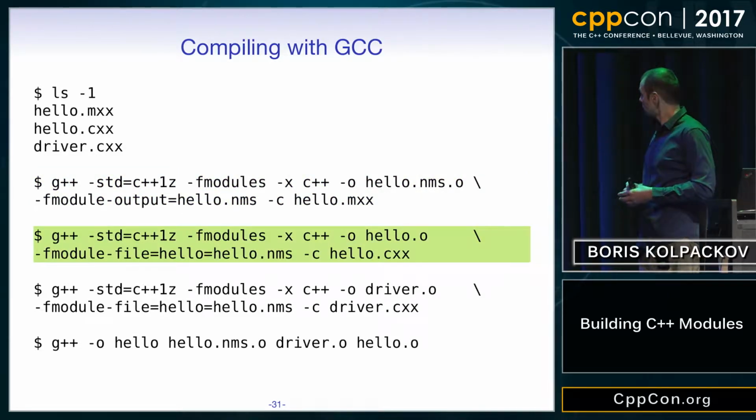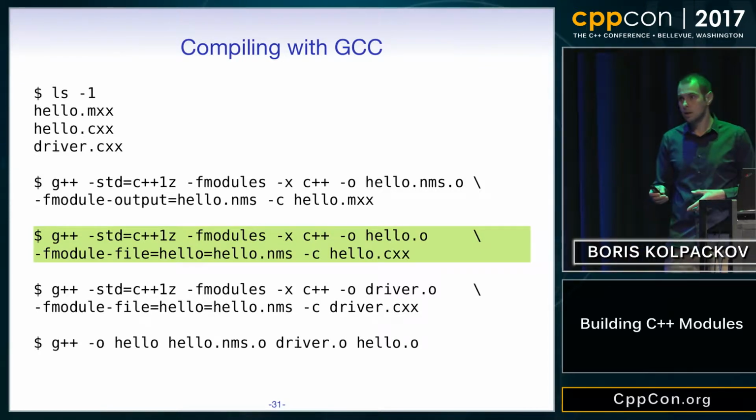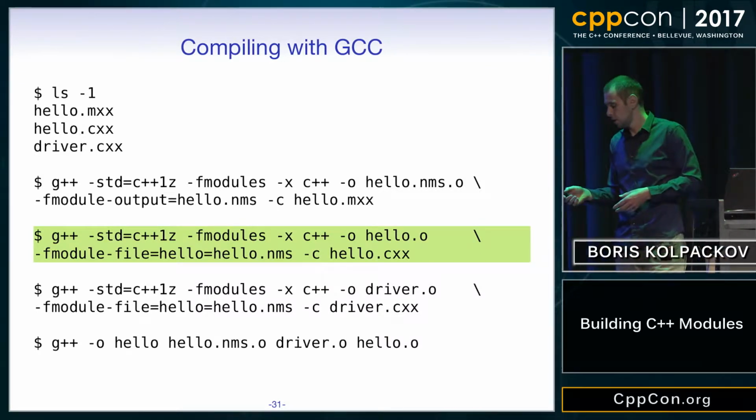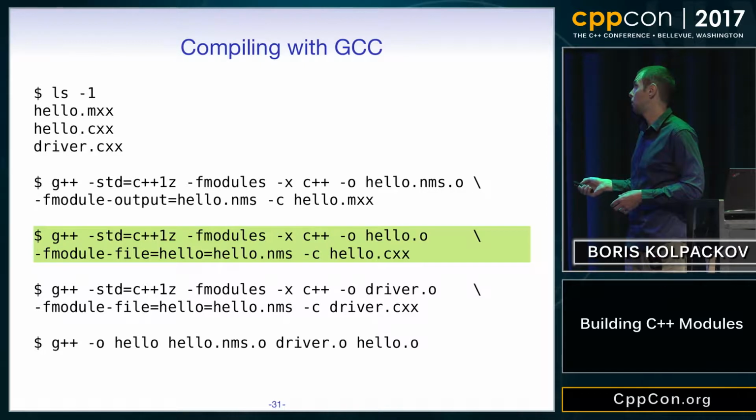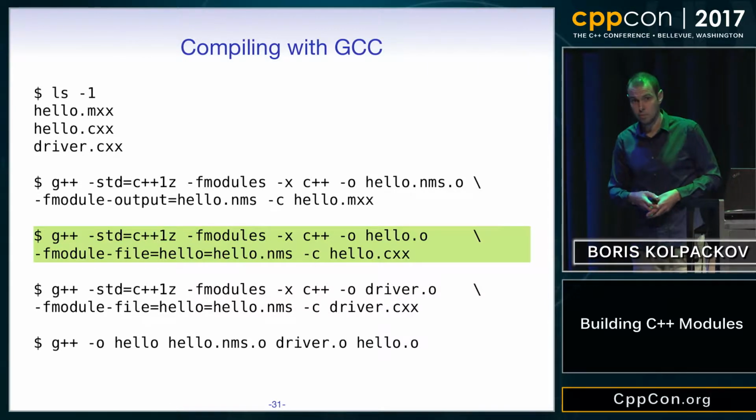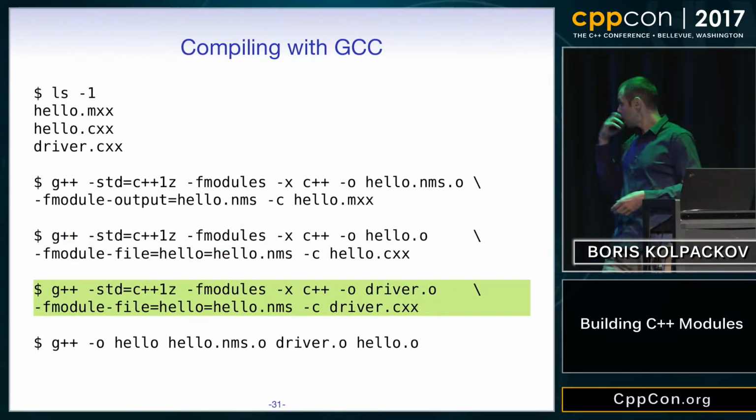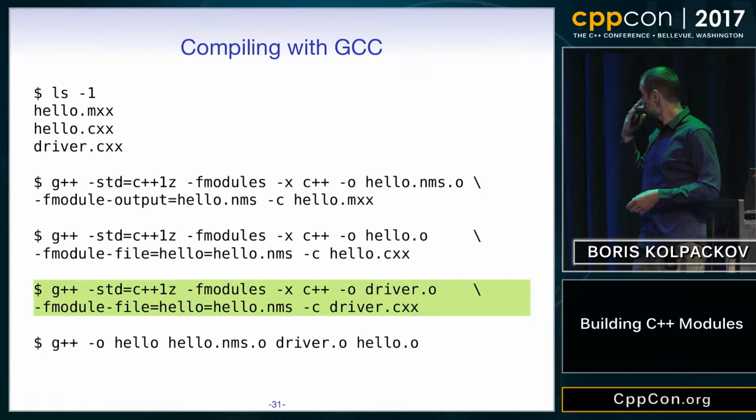So next we build the implementation unit. The only difference compared to vanilla compilations is that we have to specify where to find the module that this implementation unit is for, well, the BMI for this module. The compiling of the consumer is exactly the same.